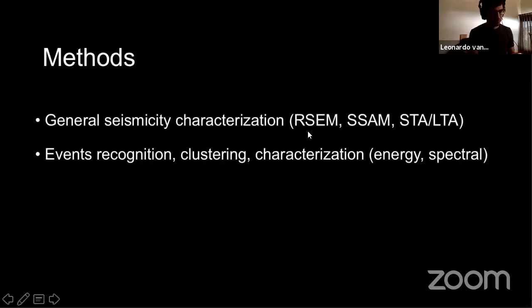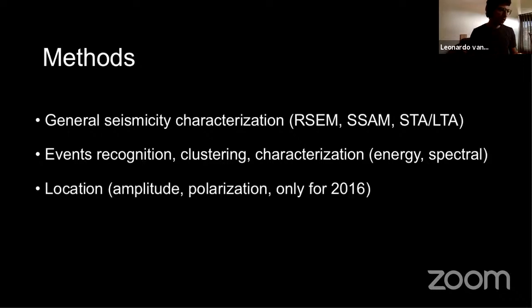This is the most important part of the work, with its energy characteristics and especially the spectral characteristics. We also perform a little bit of location, only for the 2016 stage, because of the development of the seismic network at that moment.